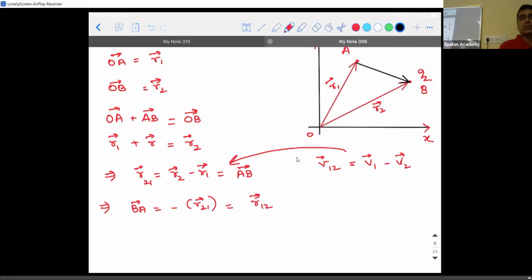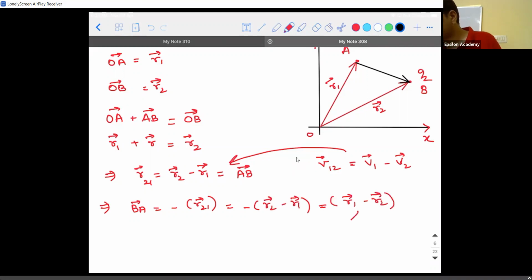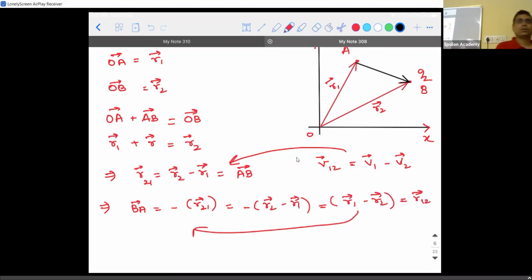Does it make sense? Because minus of R21 vector will be R1 vector minus R2 vector. I'll write the intermediate step also for those who didn't understand. So negative of R2 vector minus R1 vector is equal to R1 vector minus R2 vector. That is the case. So all these points are to be kept in mind.